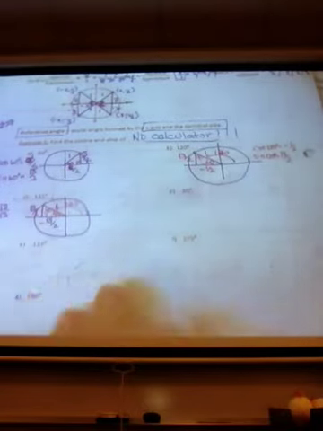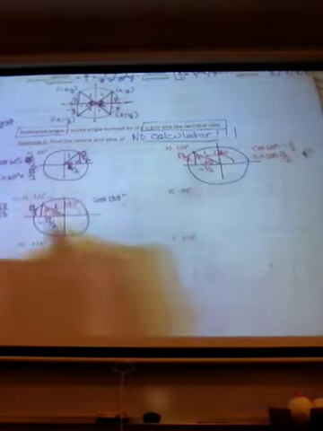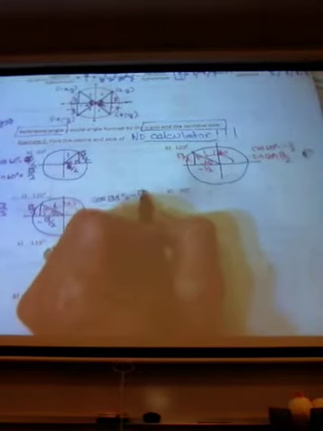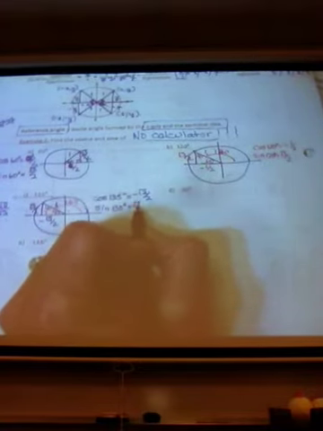The x. Cosine of 135 degrees. This is adjacent, so that's x. And the sine of 135 degrees is y, because my hypotenuse is always 1.